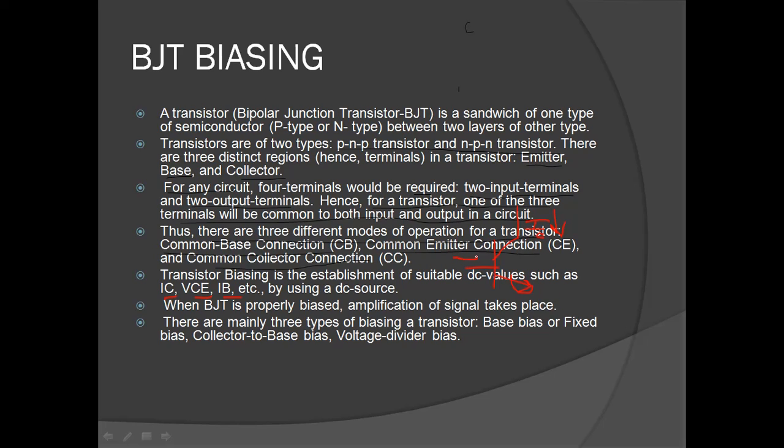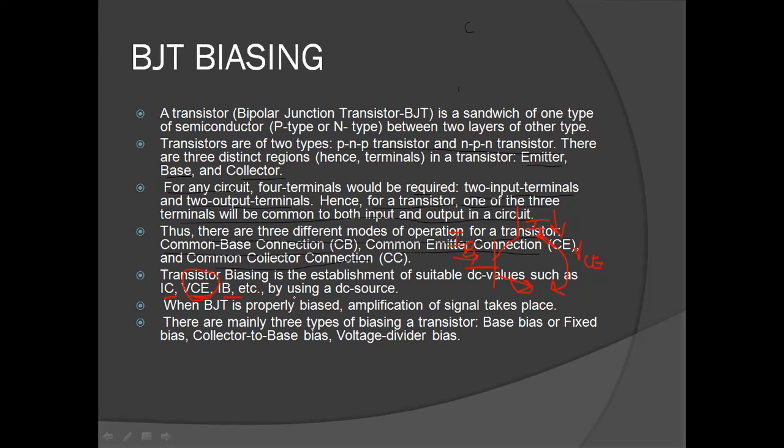The current across the base terminal is called IB, and the voltage across the collector and the emitter is VCE. You establish this by giving a DC input.